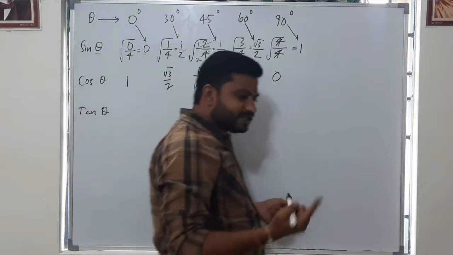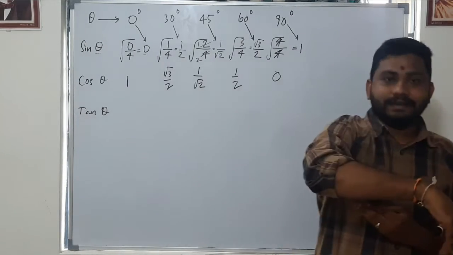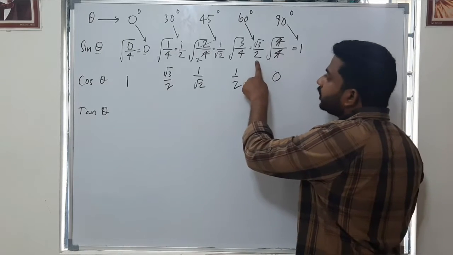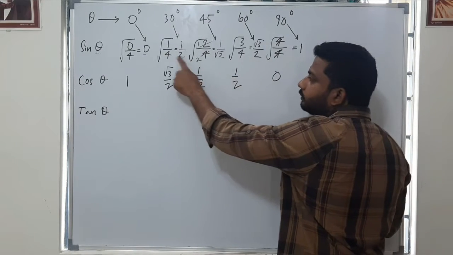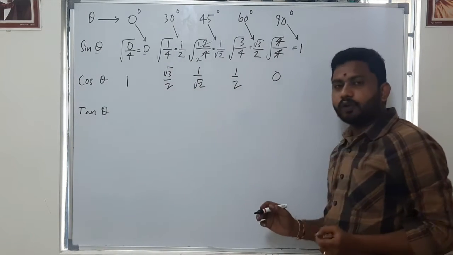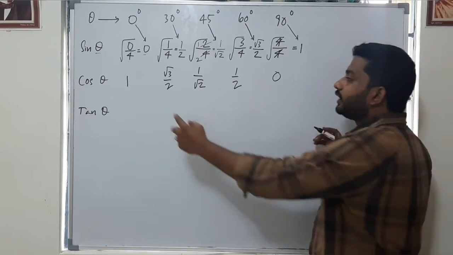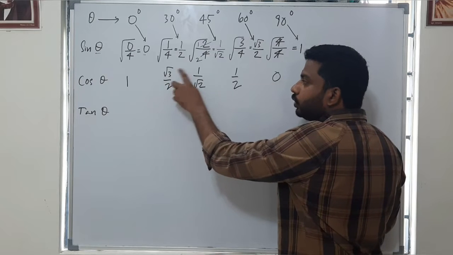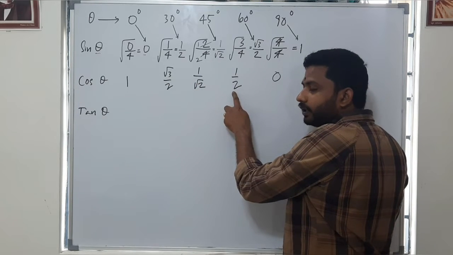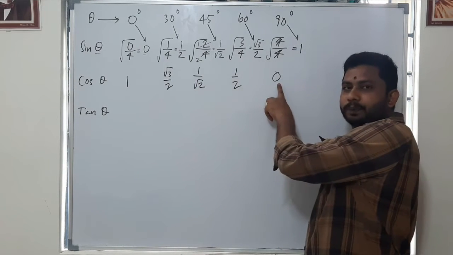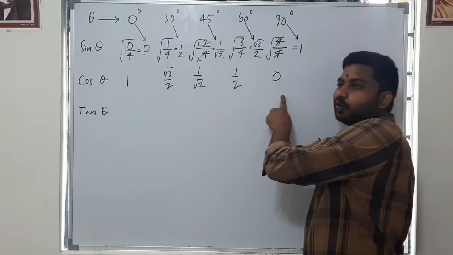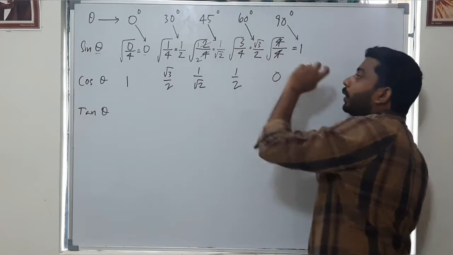Just we wrote from the end. That's it. If you closely observe, cos values are decreasing here. It's 1, root 3 by 2, 1 by root 2, 1 by 2, that is 0.5, 0. Clear? So 1 to 0 and here these values are 0 to 1.